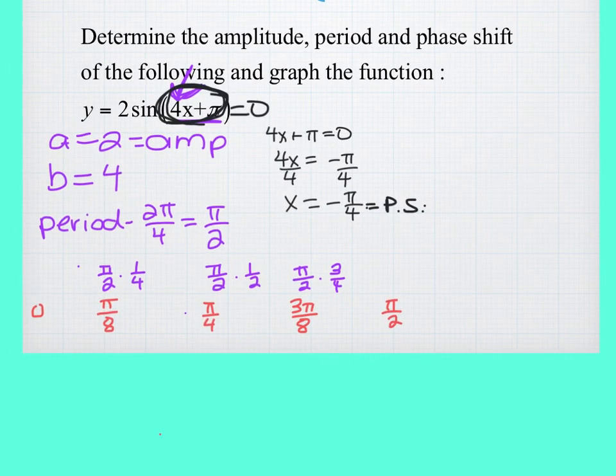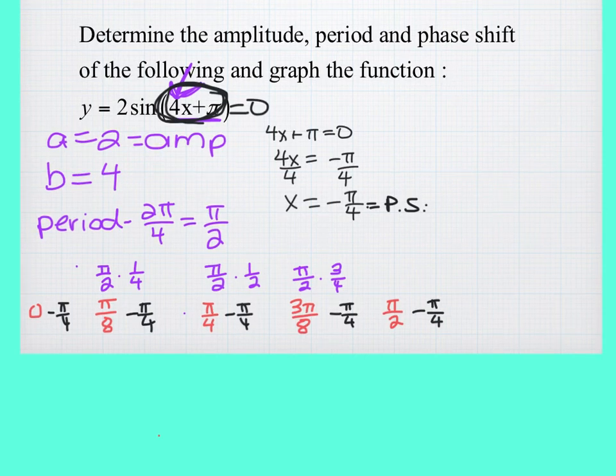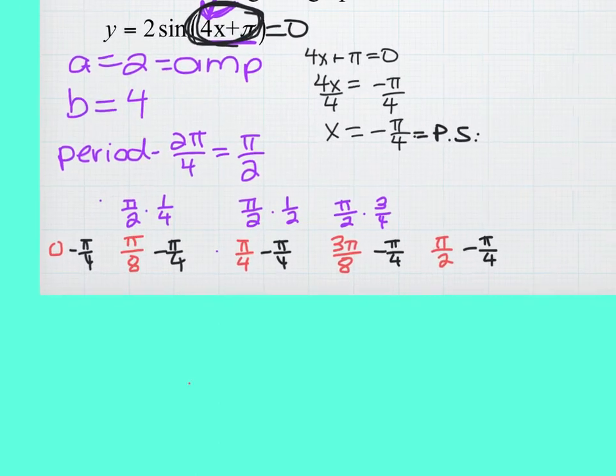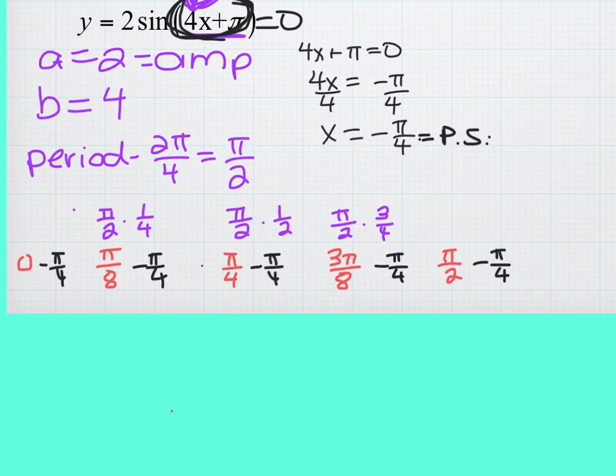So from each of these, I am going to subtract pi over 4. So this is negative pi over 4.